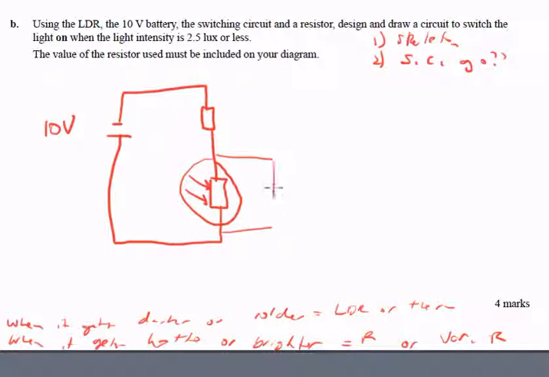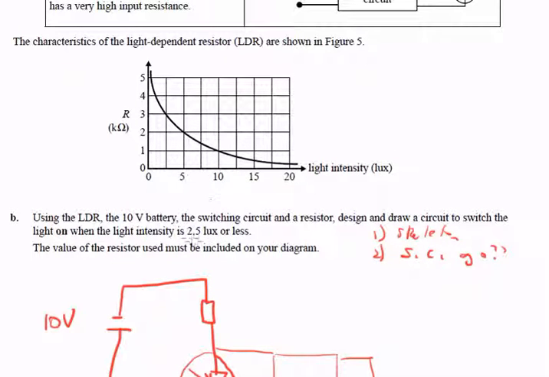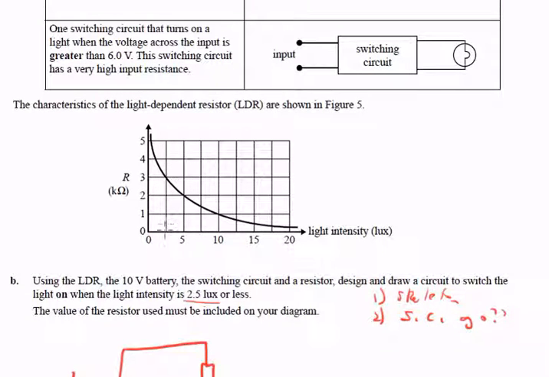The other way to work that out: the switching circuit, which I think is doing a light bulb, turns on when it's 2.5 lux or less, and it turns on when it needs 6 volts over it, or greater than 6 volts. So here's 2.5 lux, halfway between 0 and 5.